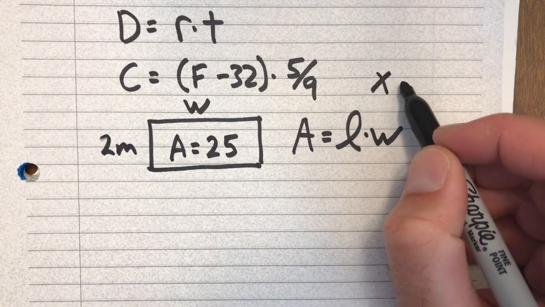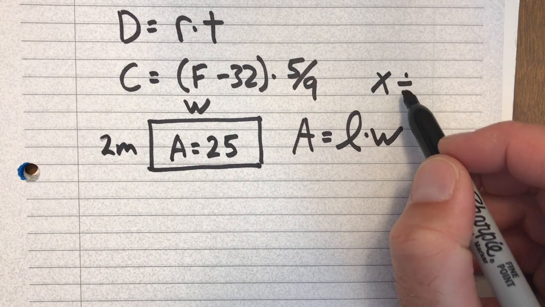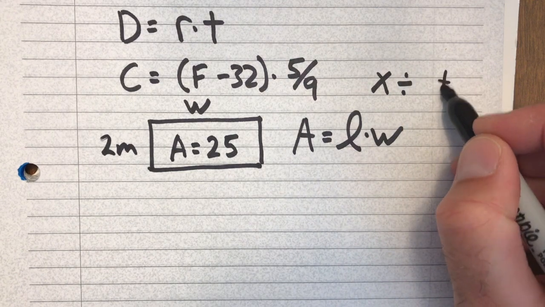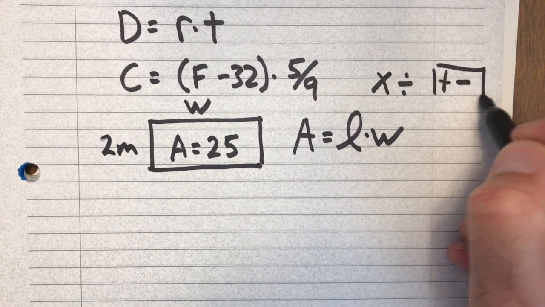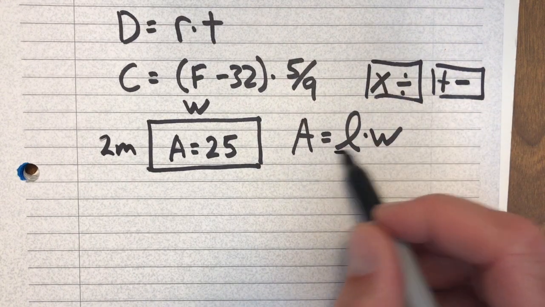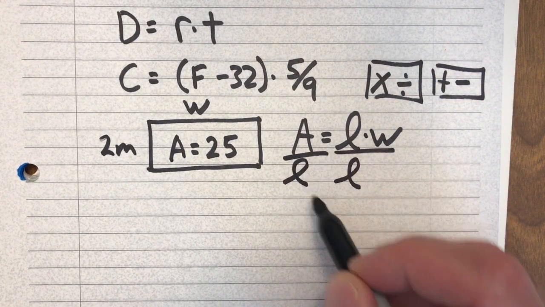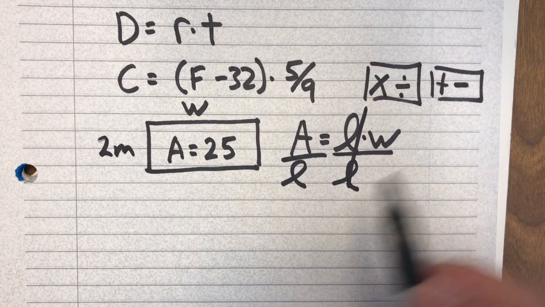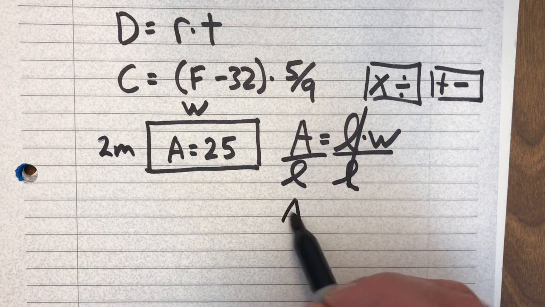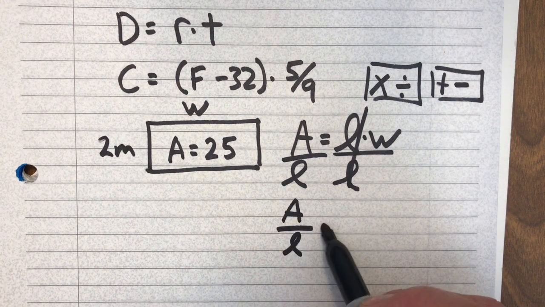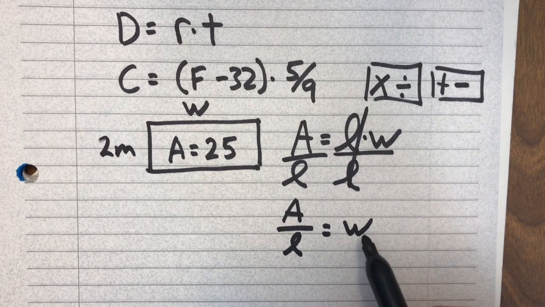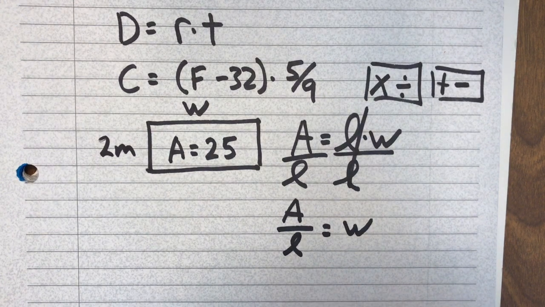Multiplication and division undo each other, and addition and subtraction undo each other. So we divide this side by L, divide this side by L, they cancel out, and we're left with A over L equals W, or W equals area divided by length.